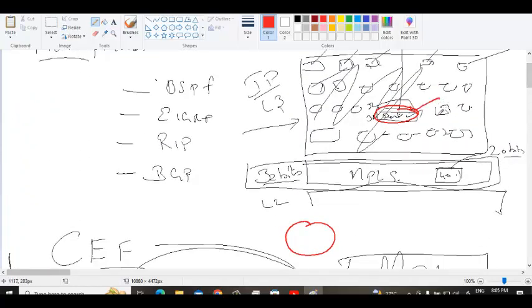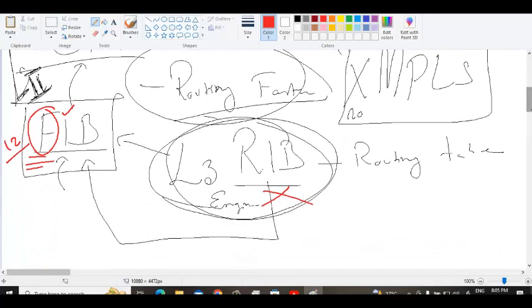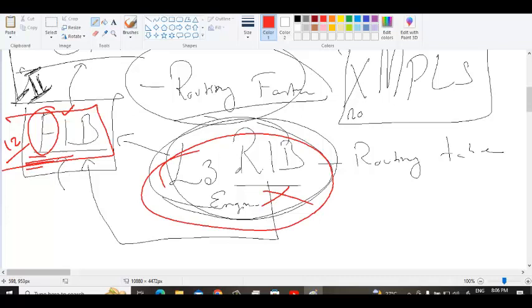So now, after knowing the destination of the incoming packet, it checks the Layer 2 table. The Layer 2 table itself says, go out this way, get routed on this interface. You understand? So there is no need to go to the other portion of the motherboard. So FIB or CEF makes the routing faster.